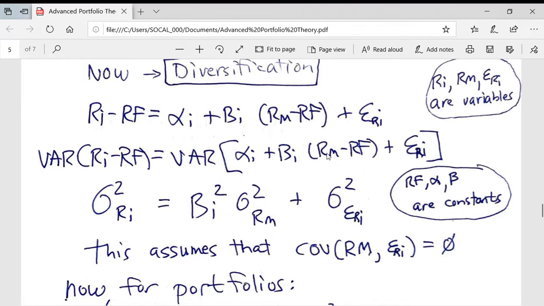We already know that the variance of a random variable minus a constant is just the variance of the random variable, but in this case we have another constant, beta sub I, multiplied by the variable, so the variance of that term is beta sub I squared times the variance of the return on the market. And then we have this epsilon term here, which is a variable, so we just have the variance of epsilon sub I. Now, we're left with two variables here.